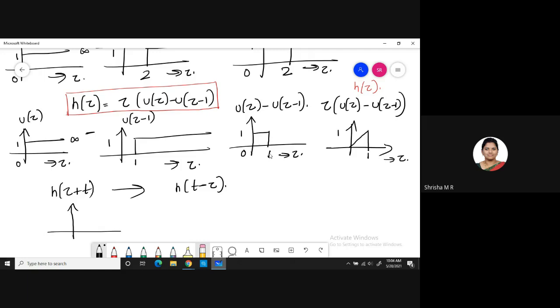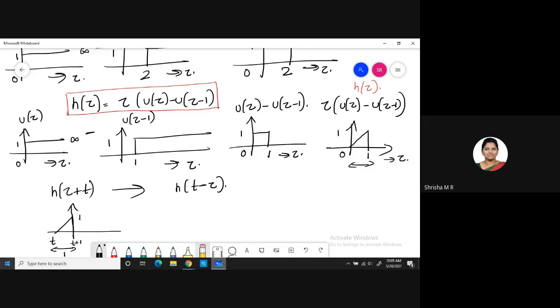H of tau plus t will be like this. So this is t and this is t plus 1, let us assume. The width is 1 unit. Here also the width is 1 unit. You have 0 to 1.